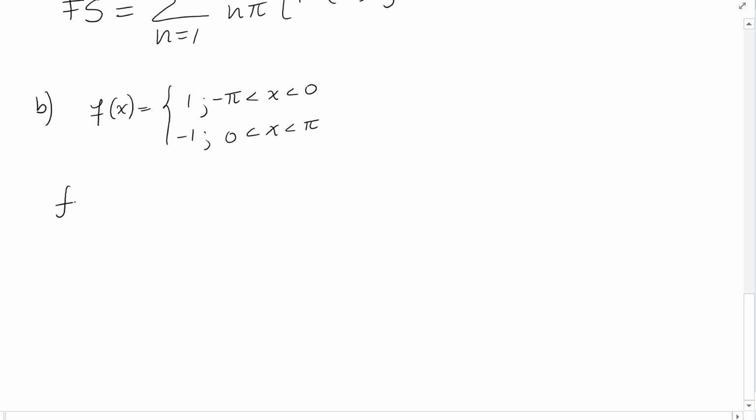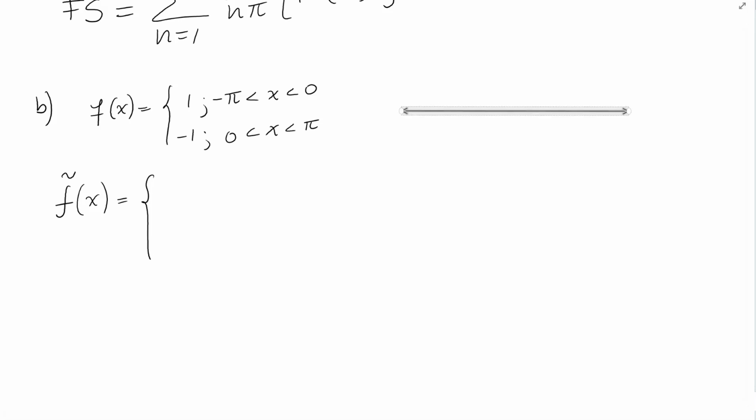So I want to find out, let me call it f tilde, the function to which the Fourier series is going to converge. In order for us to find that, I'm going to draw f of x in a coordinate plane. So we get negative pi, 0, pi.